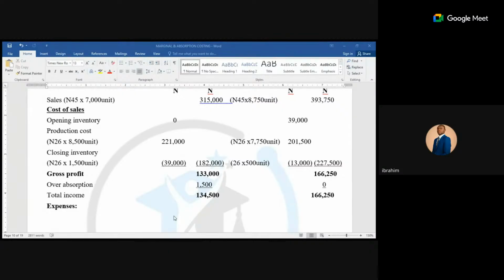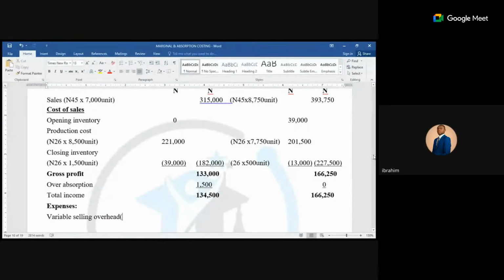You can bring your actual fixed overhead if you have actual fixed overhead. What I'm saying is, for the purpose of this question, we have variable selling overhead. What is the variable selling overhead? 5 naira per unit.